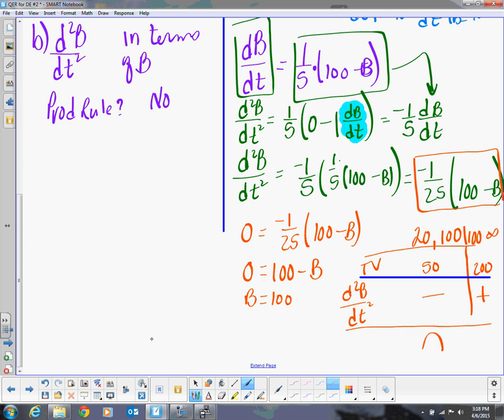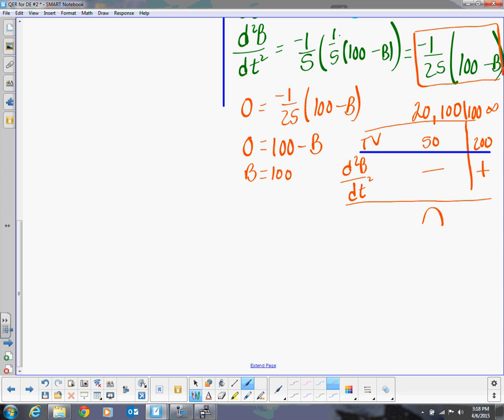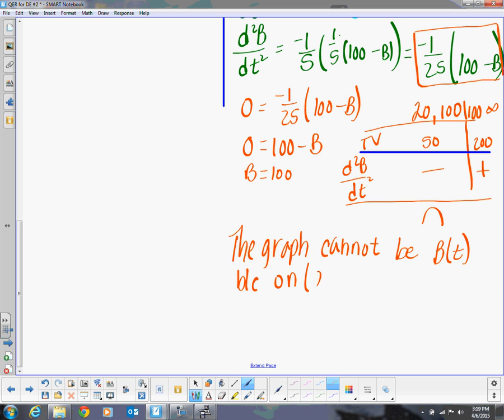So if we look at the graph, the graph cannot be b of t, because on the interval 20 to 100, and I really shouldn't say that because that's not t.